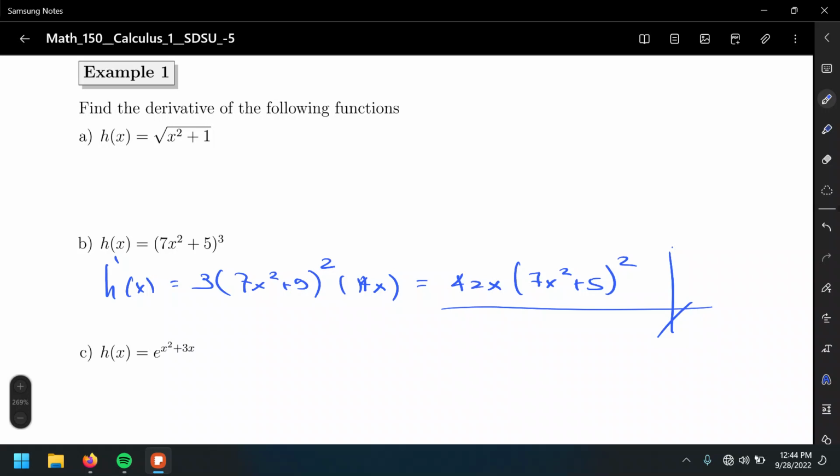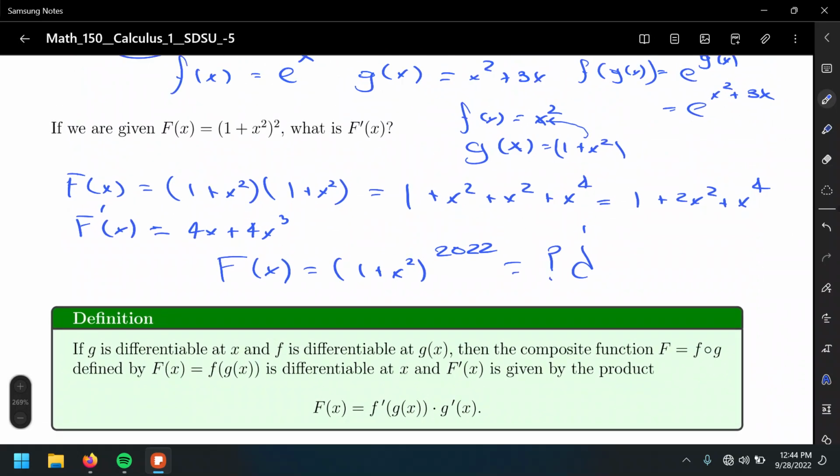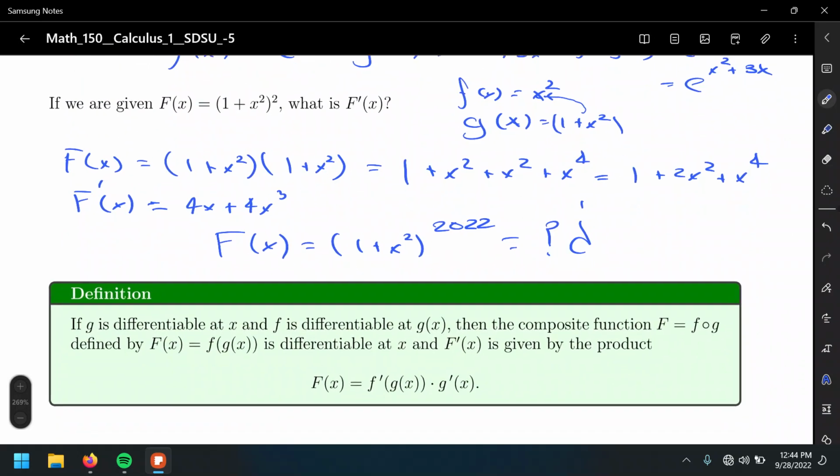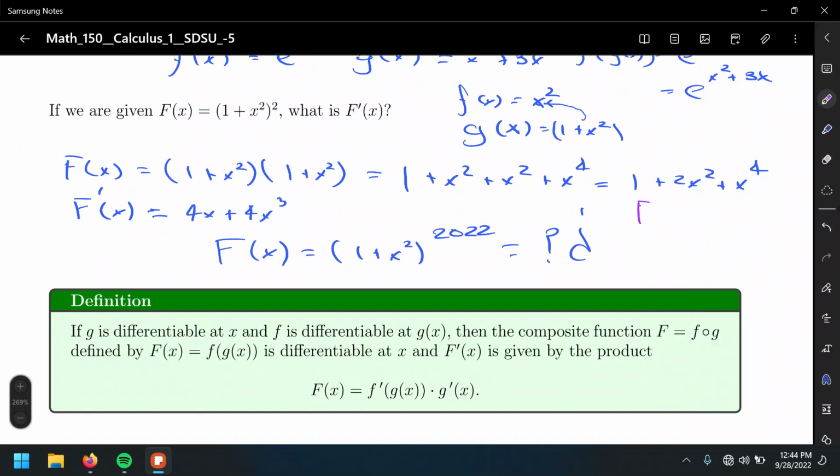Let me go back to the exercise we did before without the chain rule, by actually doing all the algebra. So in this case, let me use a different color here. So f equals (1 plus x squared) squared. f prime, so that should be 2 times the first (1 plus x squared).